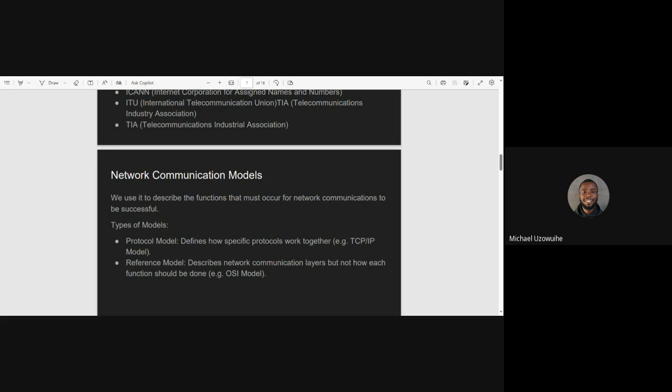If anybody develops any standard, they will put it in that document and talk about what the standard is all about. So that is the documentation used for all internet standards that have been developed from time past. Is that correct, Stella?